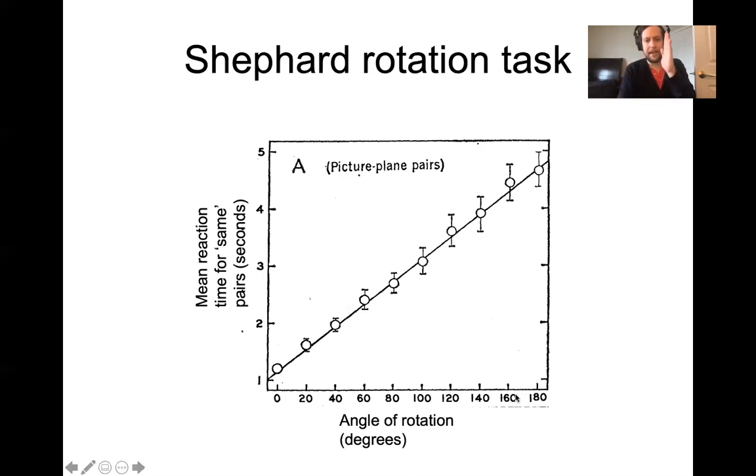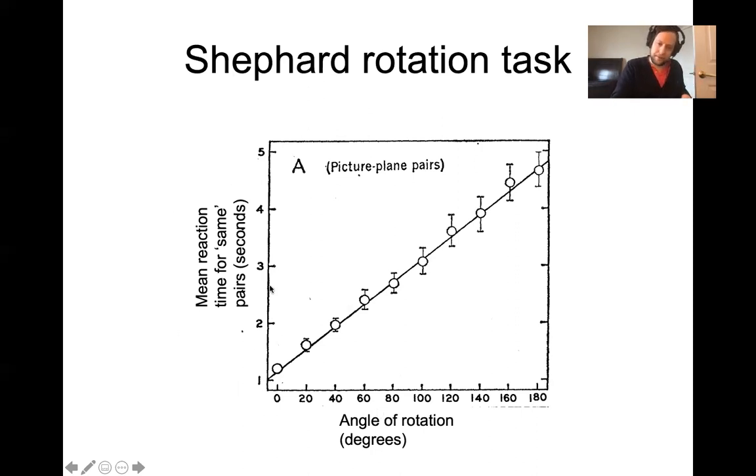If it was 180 degrees, this is going to be a tough one to do, one shape would be like this, the other one would be like this. That's 180 degrees. So these are the relative angles of the two shapes relative to each other. Here they're the exact same orientation, the exact same angle. Here they're completely opposite, and there are various degrees in between.